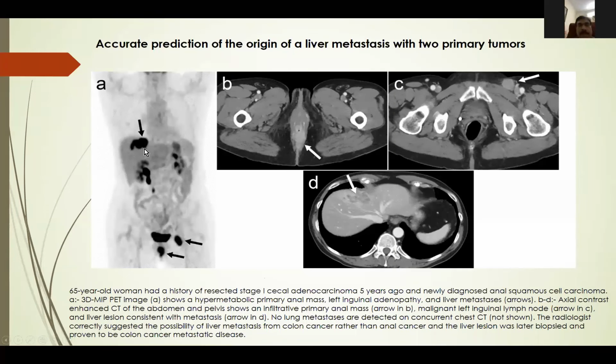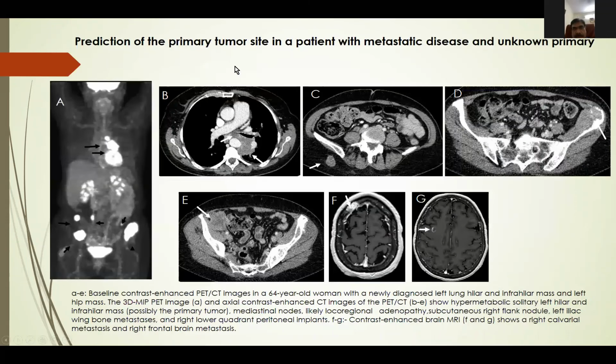So we hypothesized, at least for this patient, that this could be the liver metastasis from the cecal adenocarcinoma, and that was correct. So we can use our understanding of the patterns of spread to characterize which is the likely site of primary tumor. And this is a patient with unknown primary.